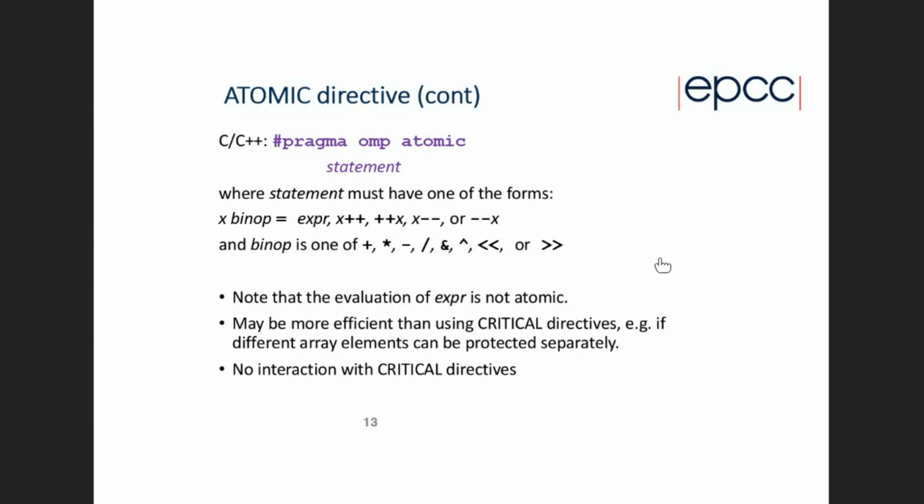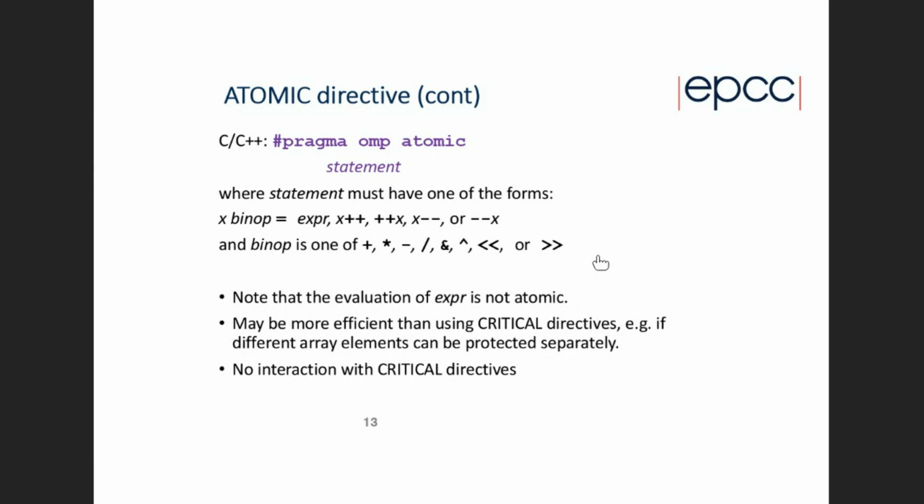One important difference from critical, however, is that the evaluation of the expression on the right-hand side is not protected, is not done atomically. So the evaluation of this expression could involve some function calls, which in turn might modify some shared variables, some shared state.